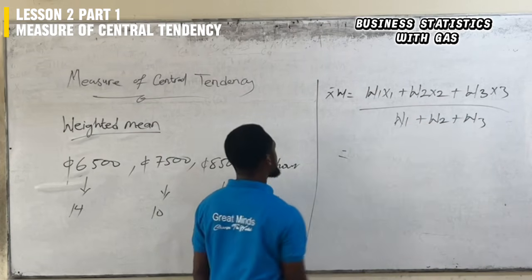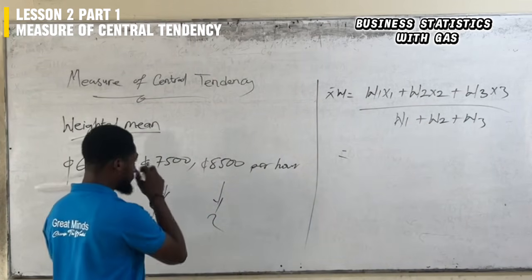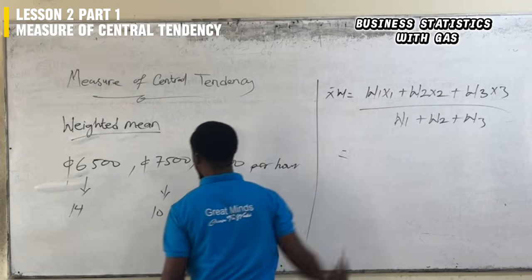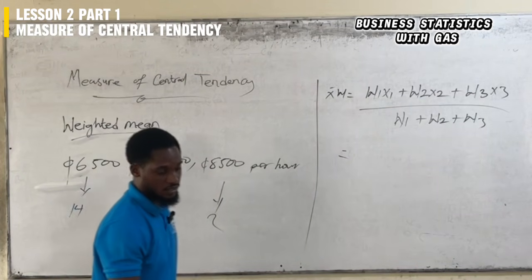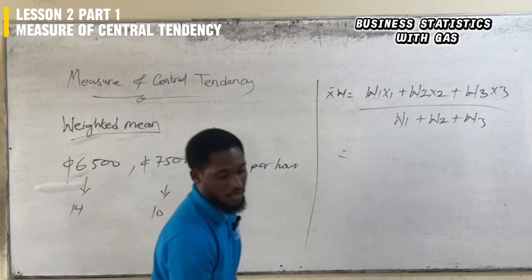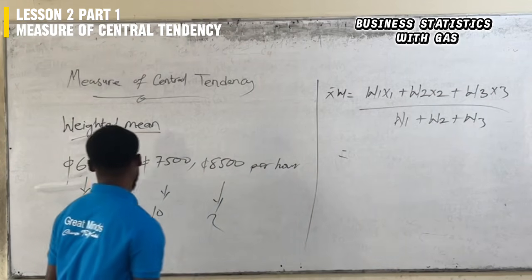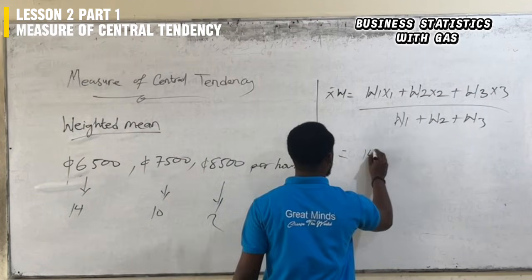So now let's input our figures. The W here is going to be our number of employees, so we have 14.